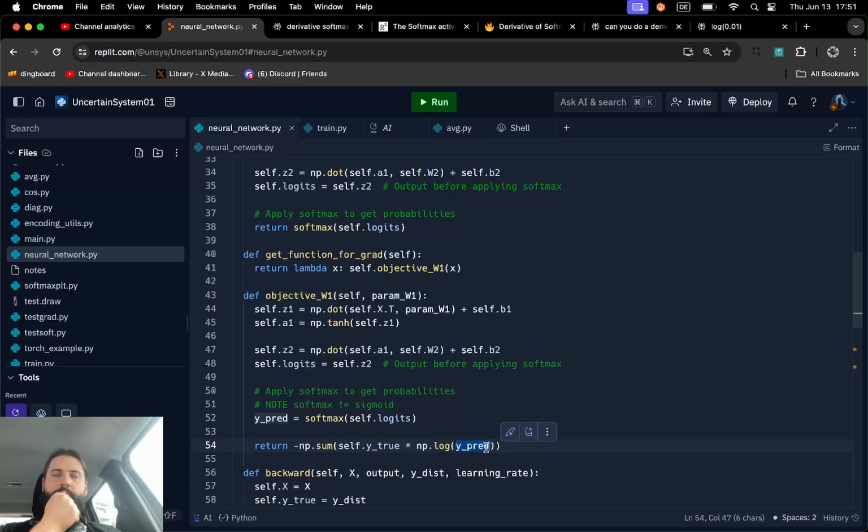Because why? Because if the things are very sharp, and it's not the softmax's fault in this case, it's just the nature of your data set, right?